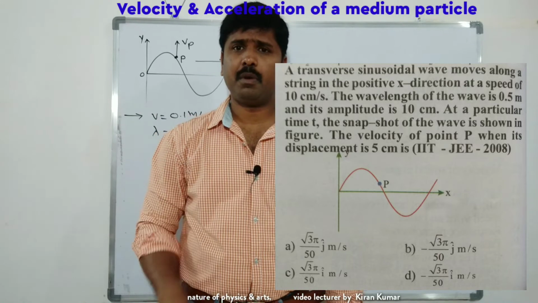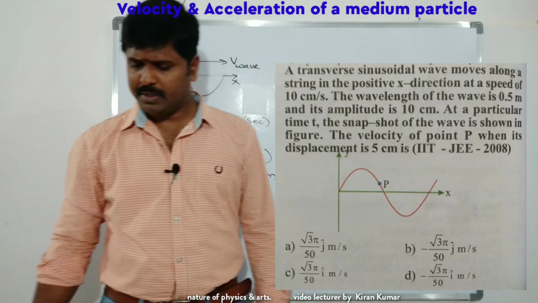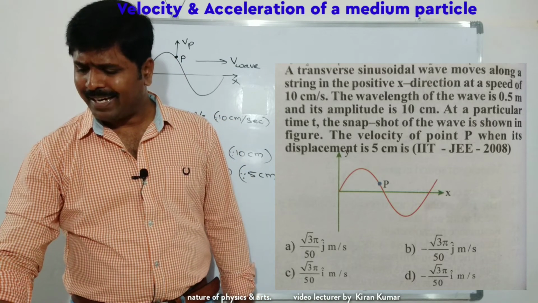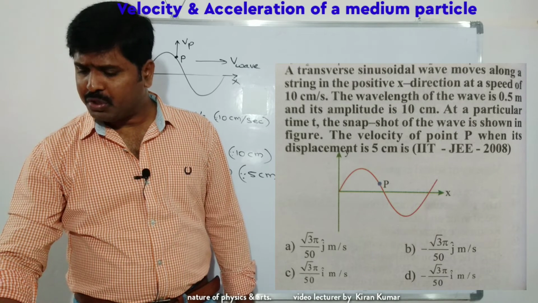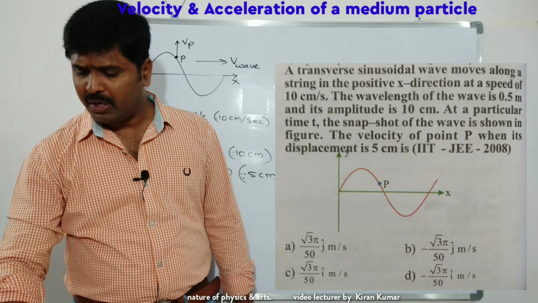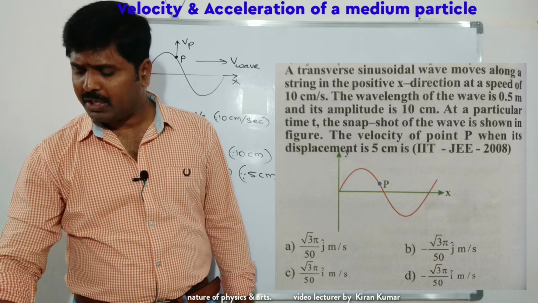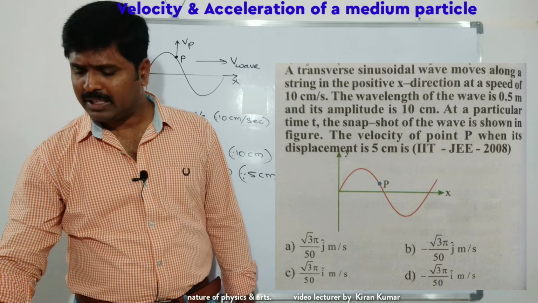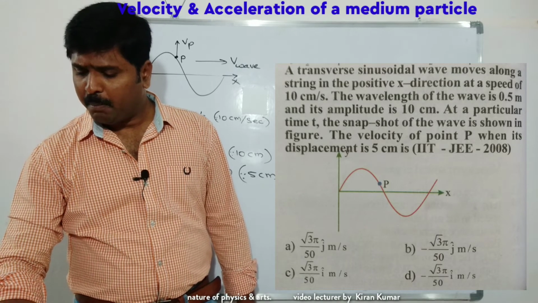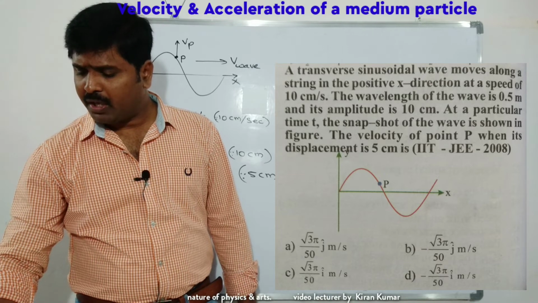Here is one example problem. This is an IIT JEE 2008 question. A transverse sinusoidal wave moves along a straight line in the positive x direction at a speed of 10 centimeters per second. The wavelength of the wave is 0.5 meter and its amplitude is 10 centimeter. At a particular time t, the snapshot of the wave is shown in the diagram.